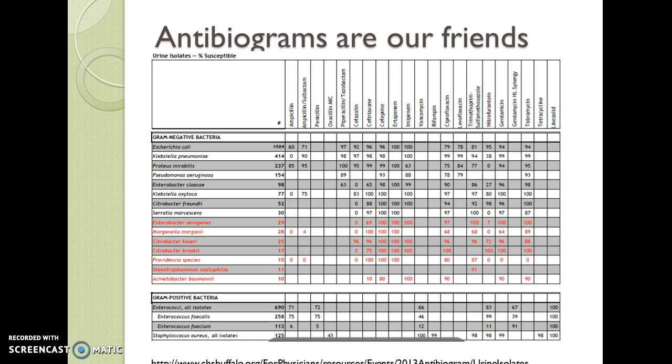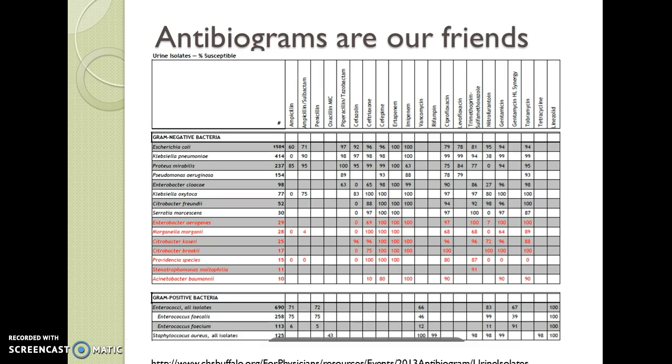This is especially helpful in the case of urinary tract infections, where we do have cultures and sensitivities that are done. And you'll see by looking at this table the top gram-negative organism, E. coli, and what antibiotics it has the most sensitivity to.